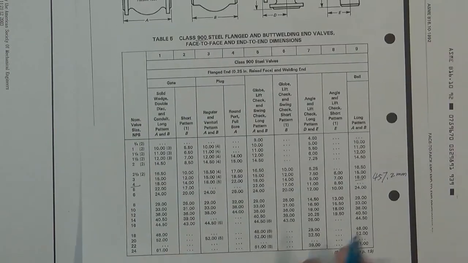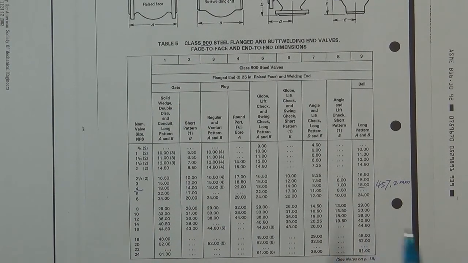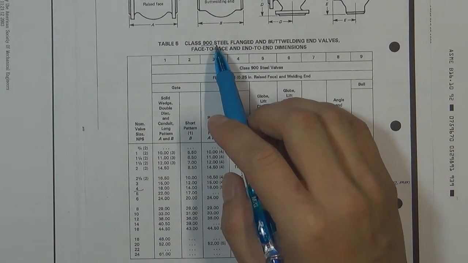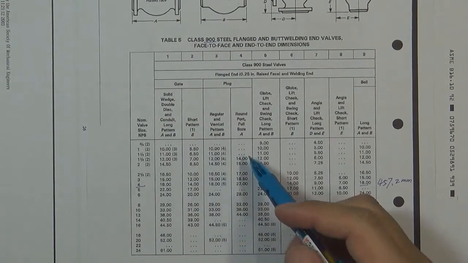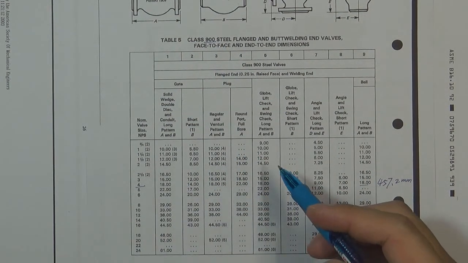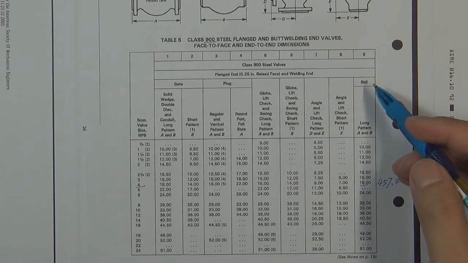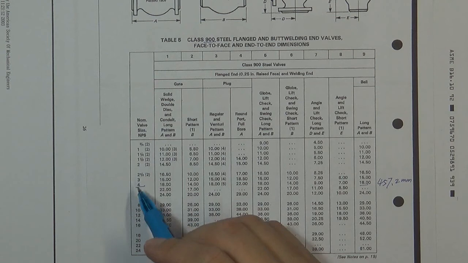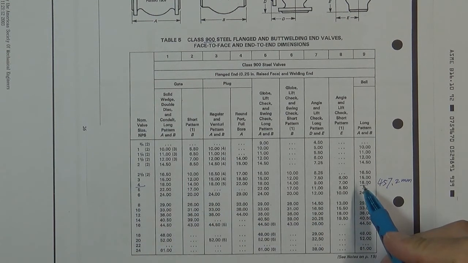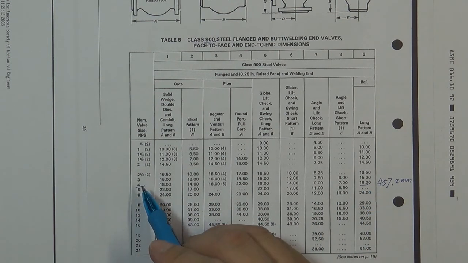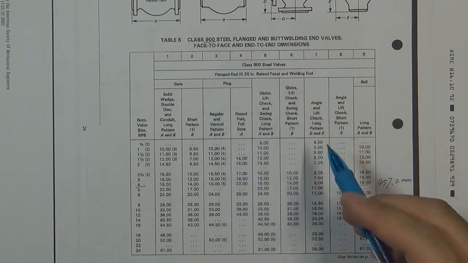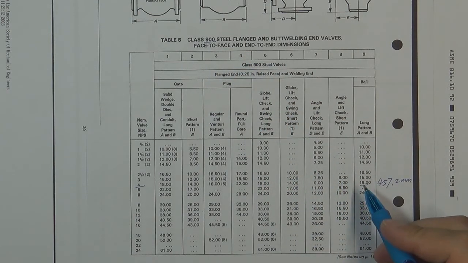According to ASME B16.10, the 900 pressure class valve length table, all these factors are for the raised face flange valve length. The ball valve is located here, 4-inch. If you're going to design a valve which is 4-inch, 900 pressure class, if the ball valve flange is raised face, the valve length is 18 inch long.